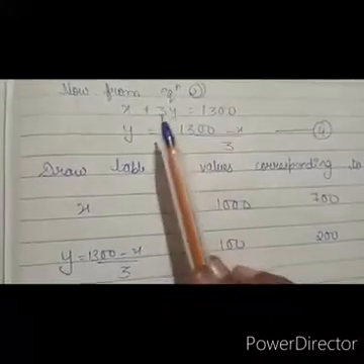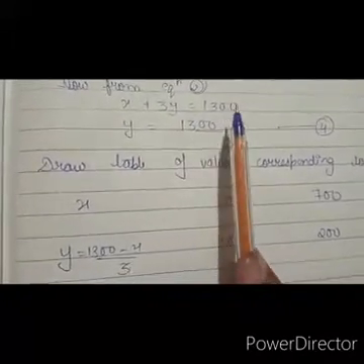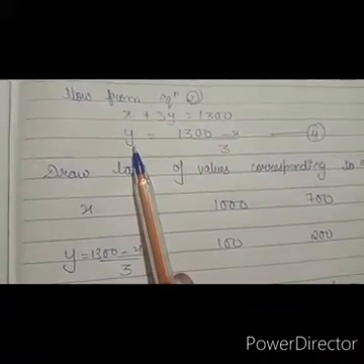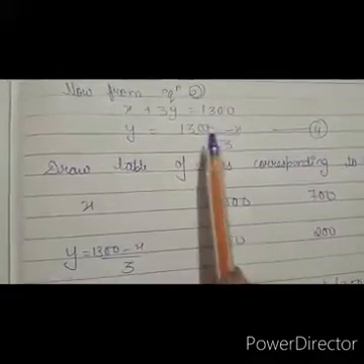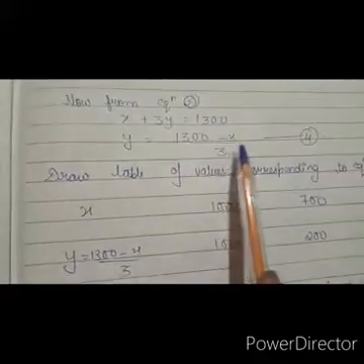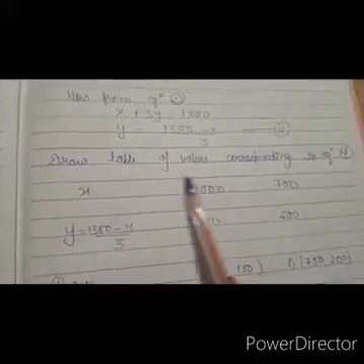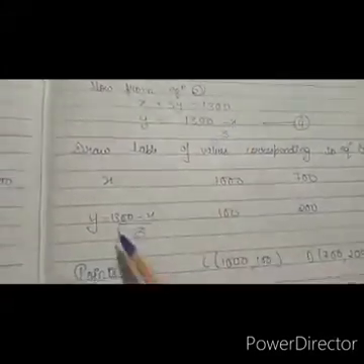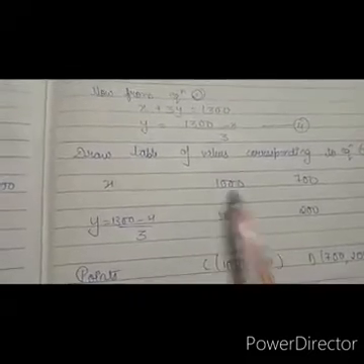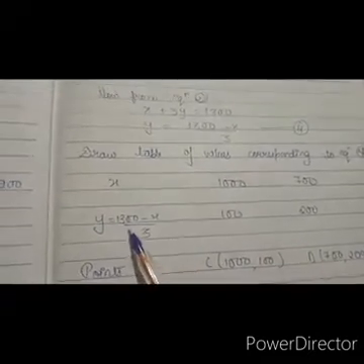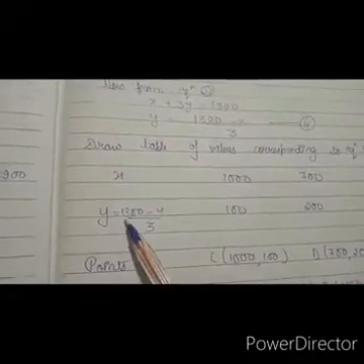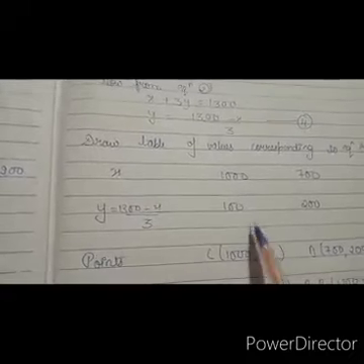Now we take the second equation, which is x plus 3y equals 1,300. We can write it in terms of x as y equals 1,300 minus x divided by 3. Now draw the table of values corresponding to equation 4. X, y equals 1,300 minus x divided by 3. When we put x equals 1,000, we get 300, and 300 divided by 3 equals 100. So on putting x equals 1,000, we get y equals 100.